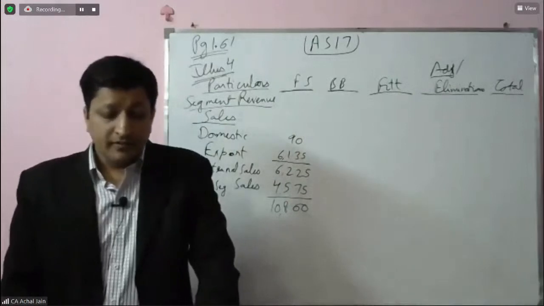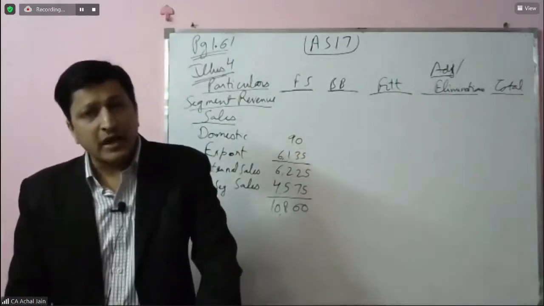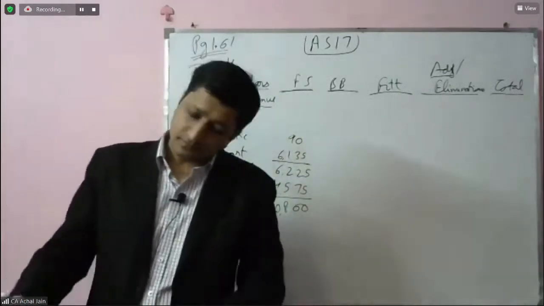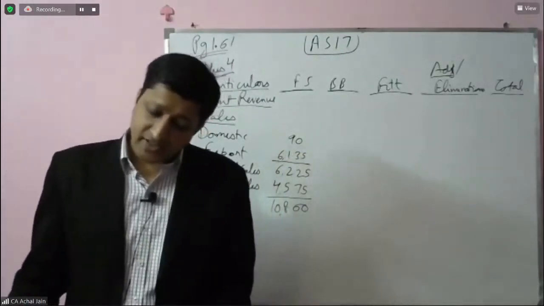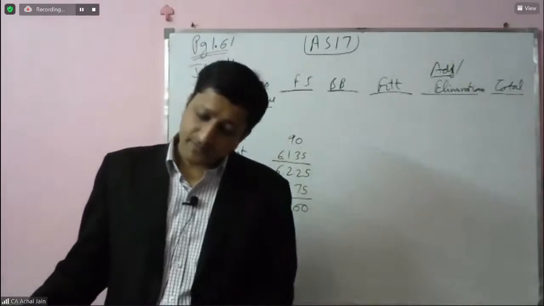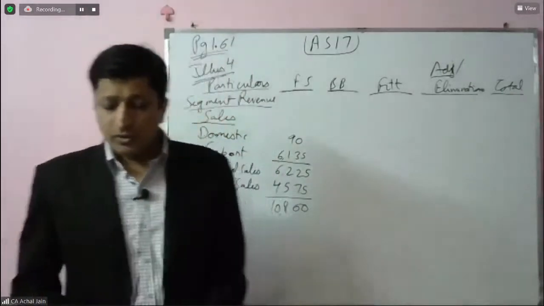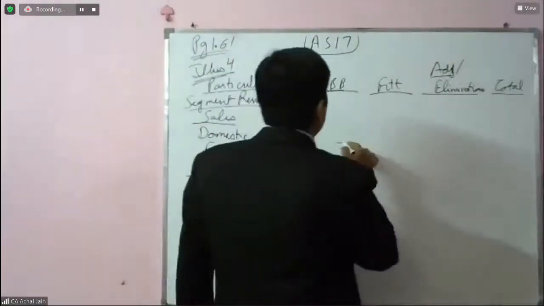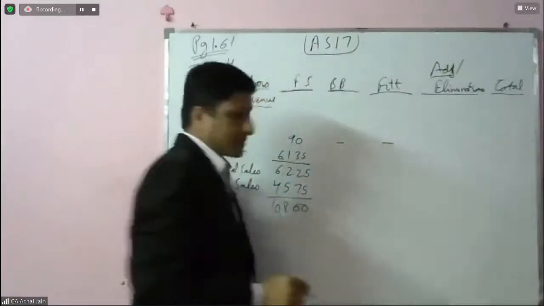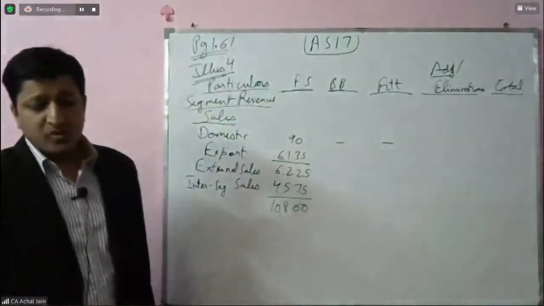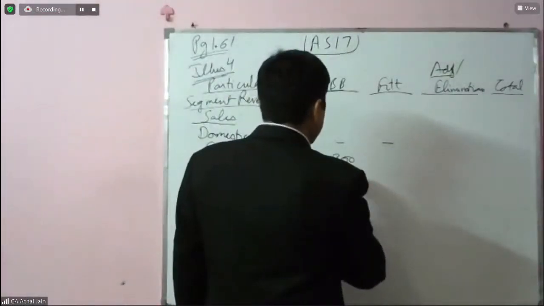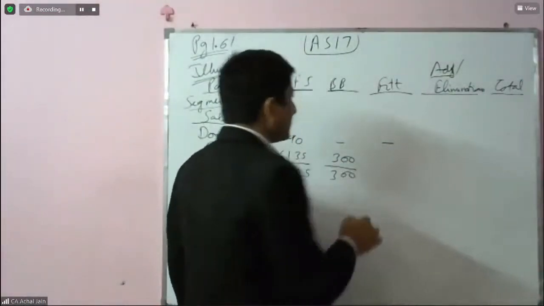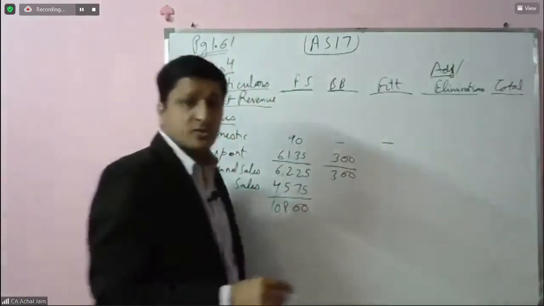Yeah, we will also plot this information for other divisions. For other divisions, we see that there is no domestic sale. So domestic sale is nil. Export sales for bright bar is 300. For fitting division, it's 270.